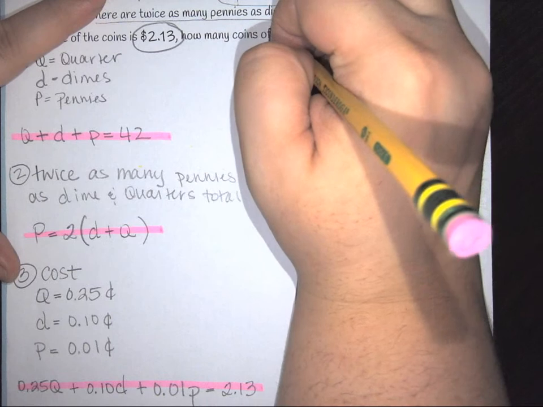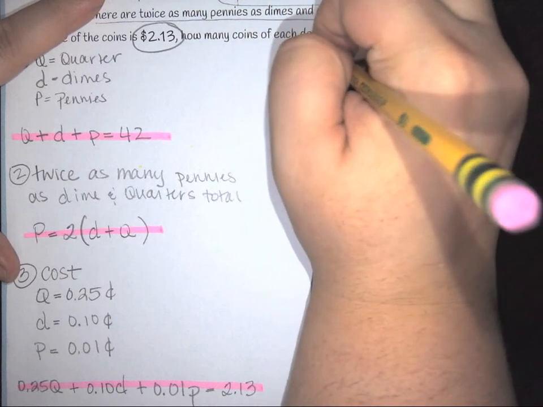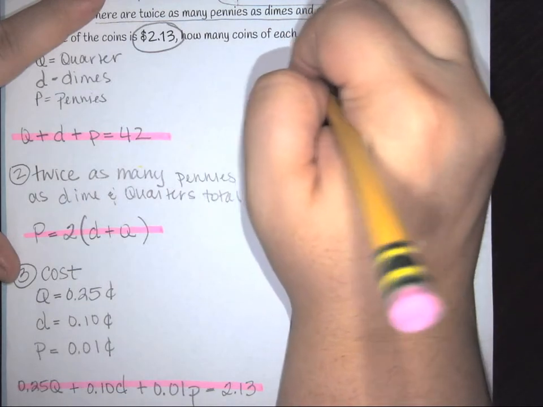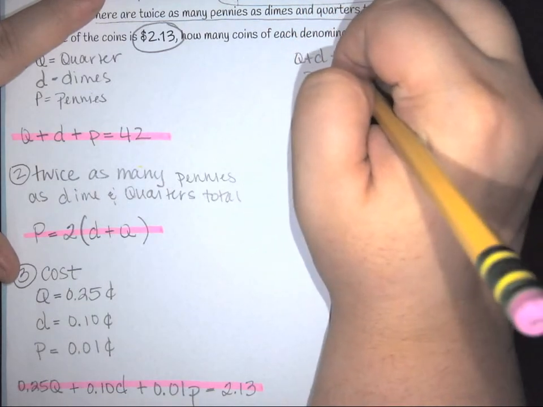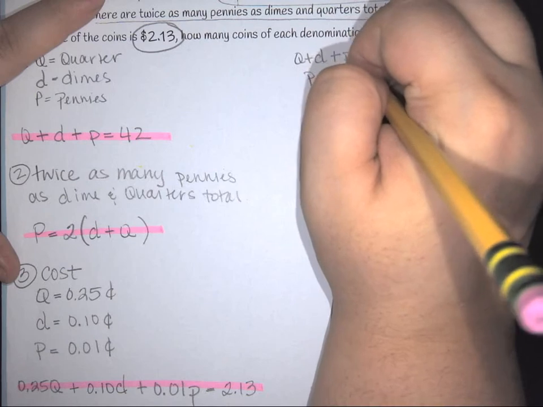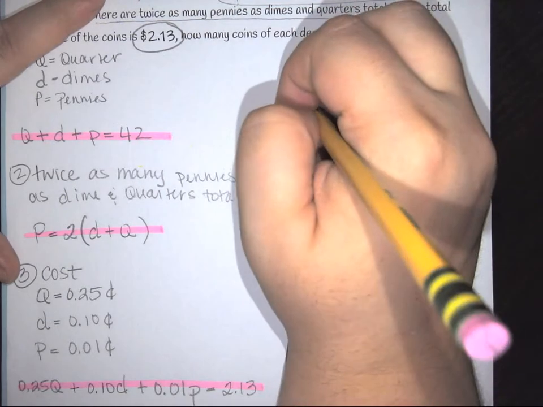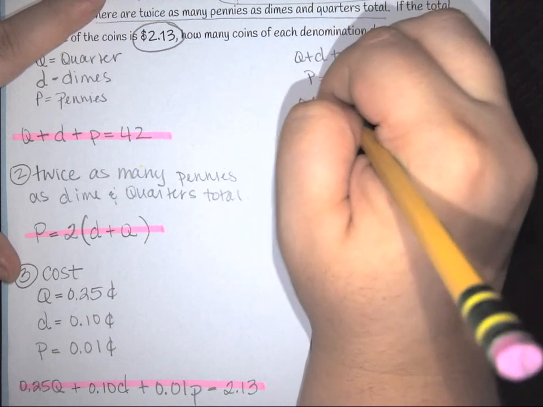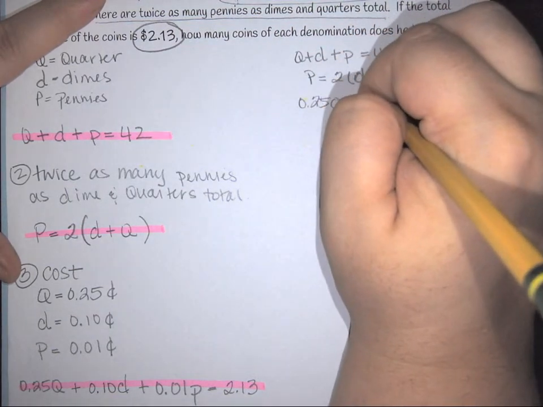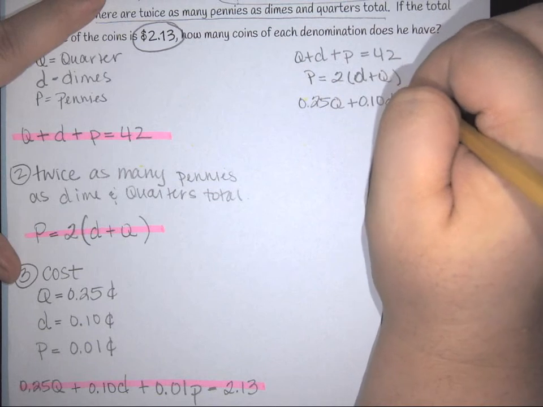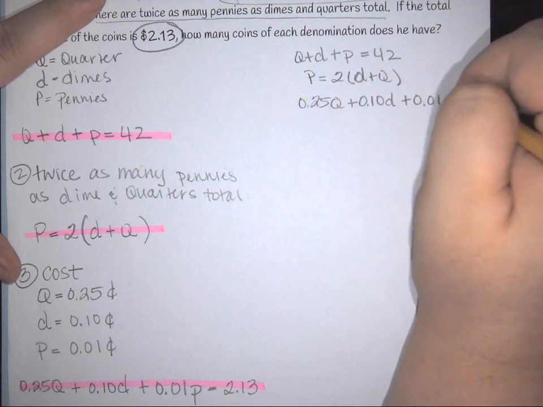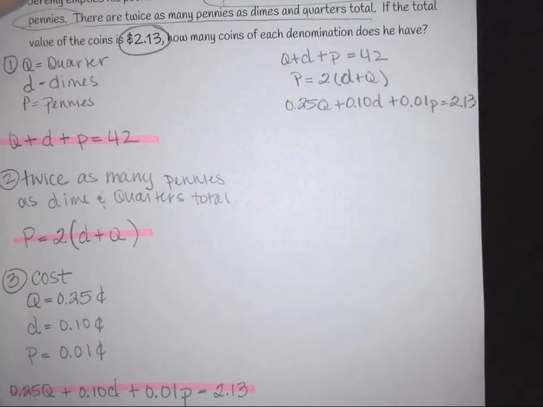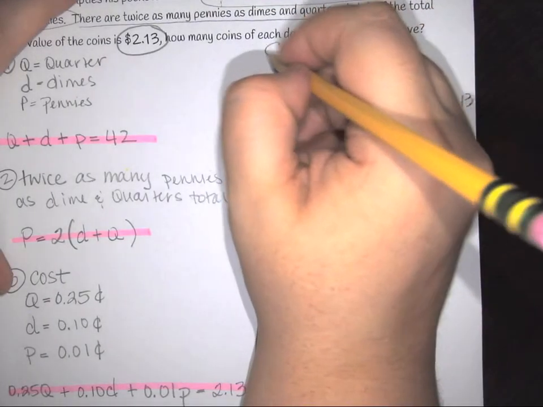So I have Q plus D plus P equals 42. Then I have P is equal to 2 times dimes plus quarters. And then I have my 25 cents for quarters plus my 10 cents for dimes plus my 1 cent for pennies is 213. And this is the system that I have to solve.